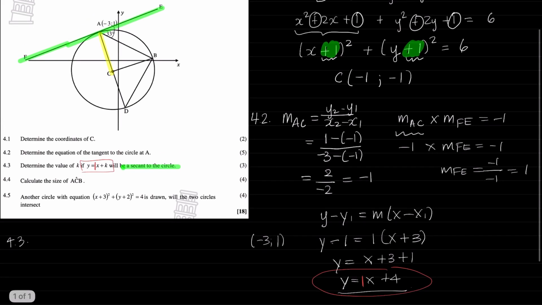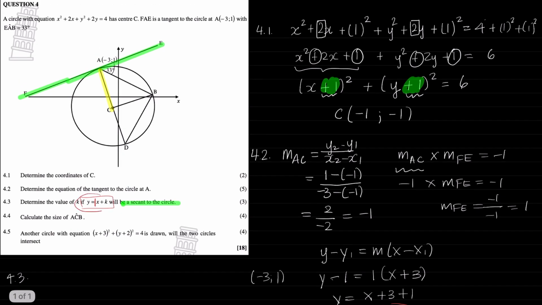So we can imagine that the line that they are talking about here is going to be this green line. And so how does this green line need to be shifted so that it becomes a secant? So if the green line is shifted down here, it'll be a secant.